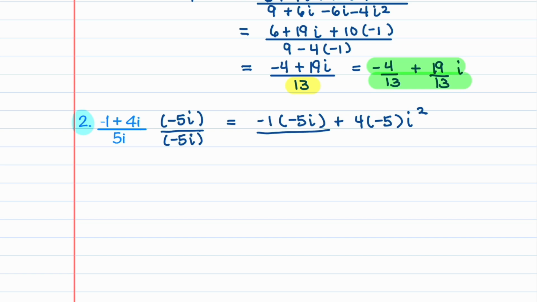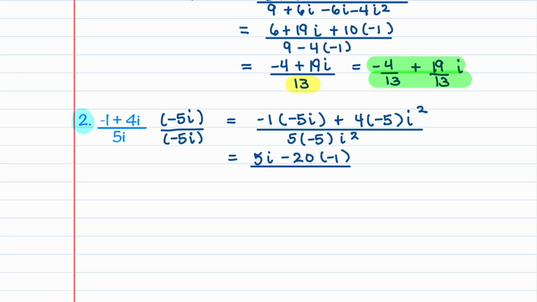In the denominator, we have 5 times minus 5, and then an i squared. On the top, we have 5i minus 20, and then we're going to plug in that i squared is negative 1. And in our denominator, we have 5 times minus 5 is minus 25, and then our i squared is negative 1. In our numerator, we have 5i plus 20.